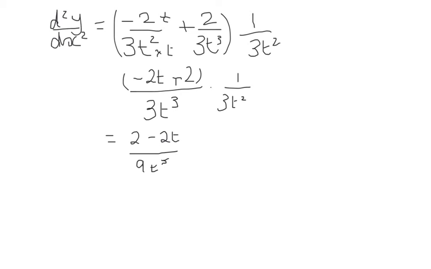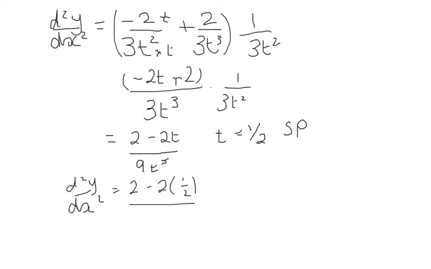That's our second derivative. Now we'd like to know what happens to this when t equals a half. Remember, at the parameter t equals a half is our stationary point. So the second derivative, when t equals a half, we're just evaluating that. 2 subtract 2 times a half, all divided by 9 times a half to the power of 5.